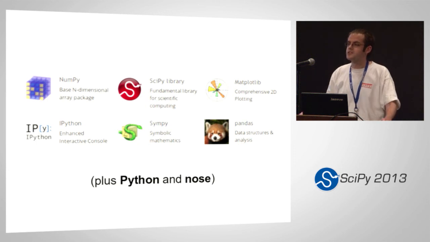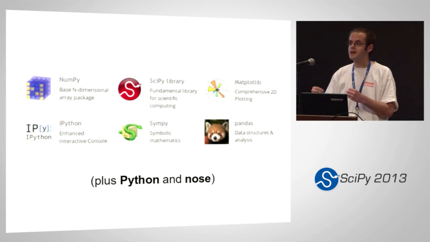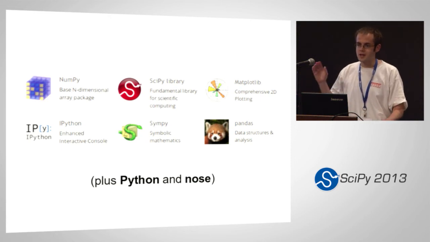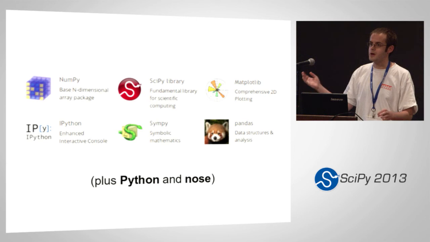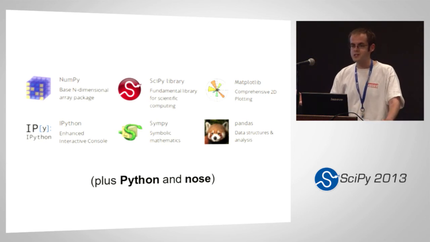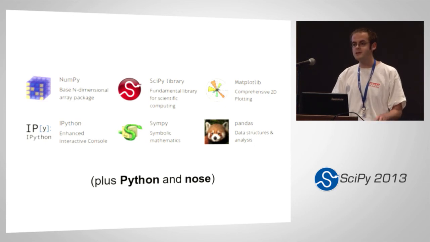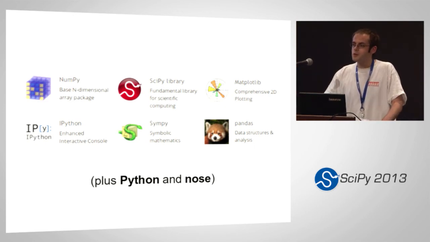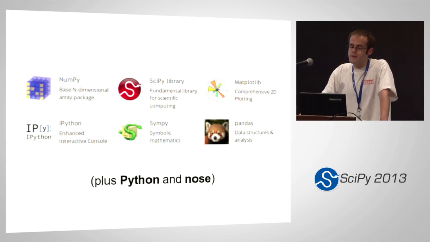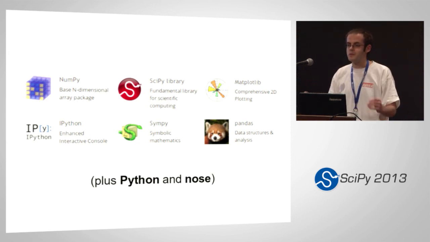But there isn't any obvious list of these for new users, and all the community websites, scipy.org and whatever, were just listing how to install one package at a time onto a Python installation that you've already got. So in terms of competing with things like R or MATLAB, where you just go to the website and click download and you get one unified thing, we weren't in a really good position.